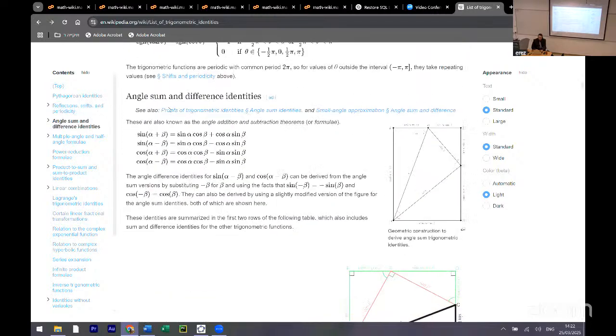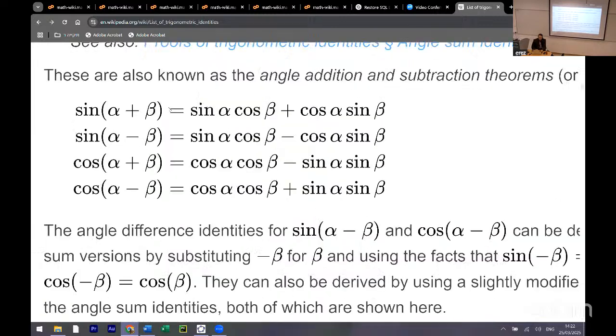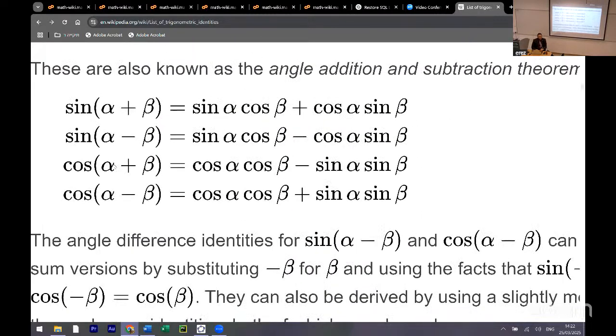Right, you see, cosine of alpha plus beta is cosine alpha cosine beta minus sine alpha sine beta. That's where the minus comes from. The i squared equals minus 1 is due to this little negative sign here.